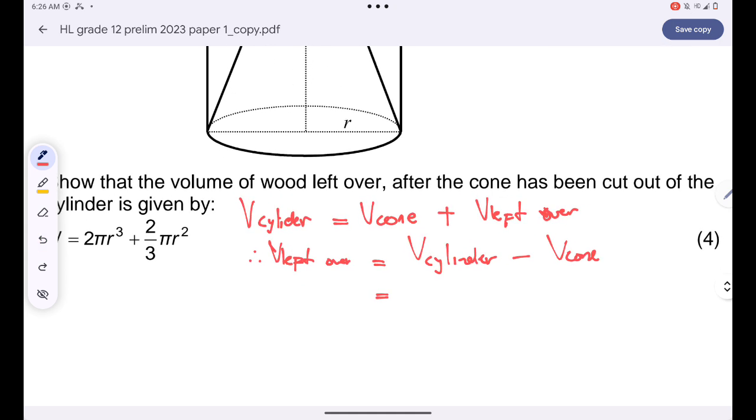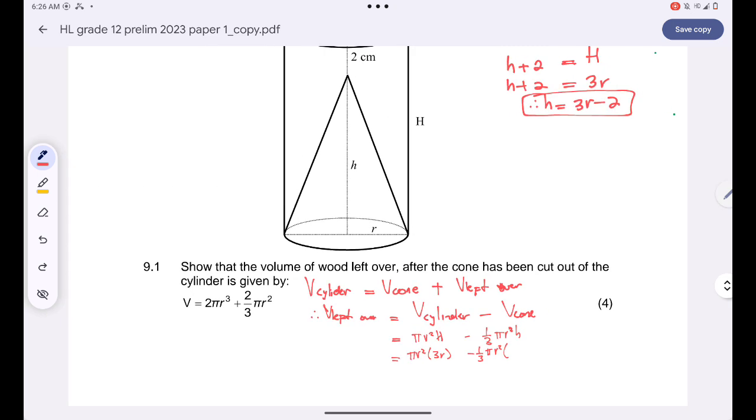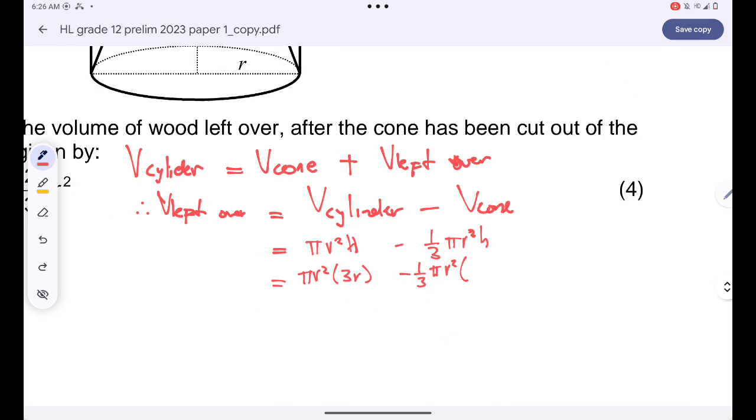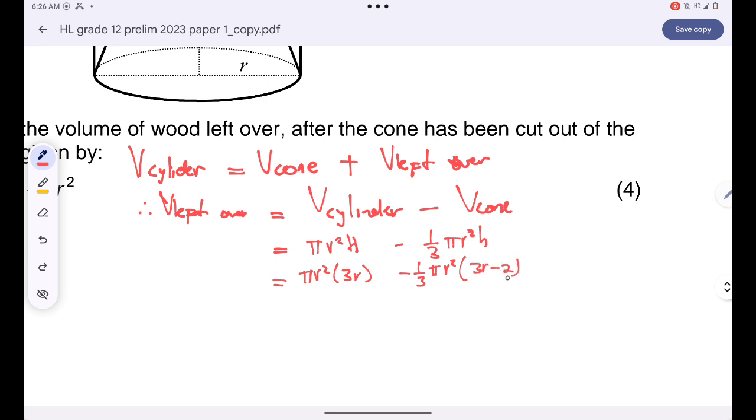What is the volume of a cylinder? That's just pi r squared h. The volume of a cone is 1/3 pi r squared h. But we are told that h is equal to 3r for the height of the cylinder, minus 1/3 pi r squared, and the height of the cone is 3r minus 2.